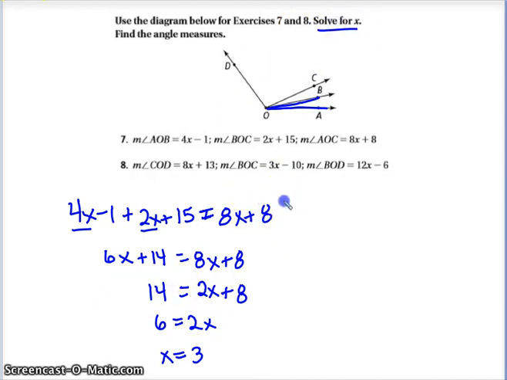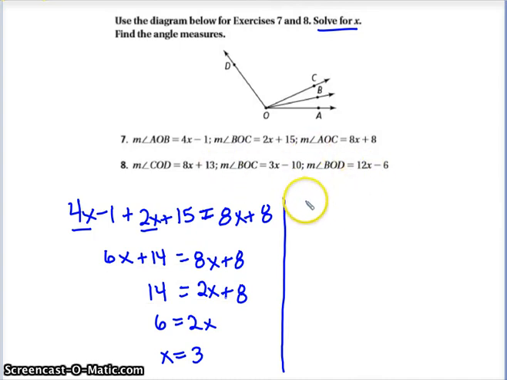All right, now it's your turn. Go ahead and try number 8. Pause the video and then check your answer. For question number 8, we are given that COD, this larger angle over here, is 8x plus 13, and then BOC is 3x minus 10, and then BOD, the large angle, is 12x minus 6.